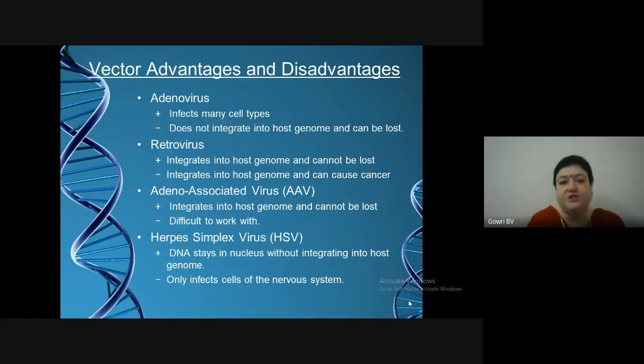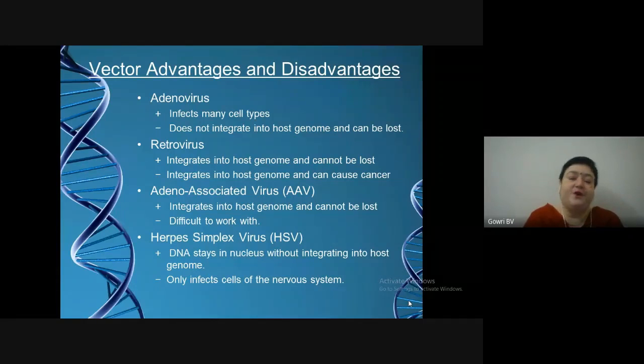It integrates in the host genome and remains there. The negative counterpart is that it can cause cancer. So I repeat, retrovirus: the positive impact is that it integrates into the host genome and cannot be lost, and the drawback is that it can cause cancer.